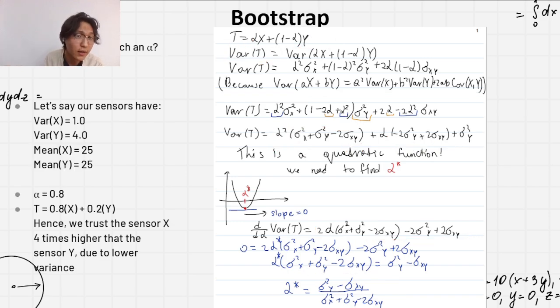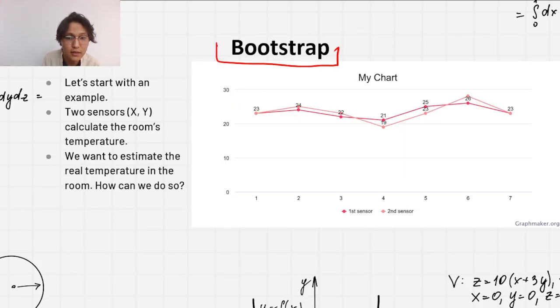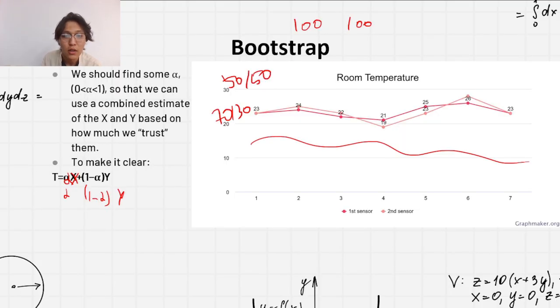Well, we see here that the statistical values are this. Then we can find alpha. So we see here that we trust sensor X 4 times more than sensor Y, but it's only in this case, in this chart.